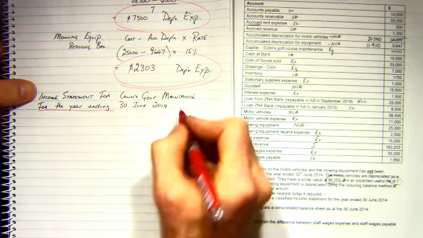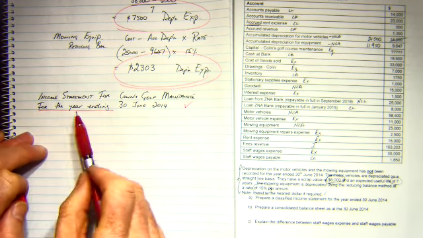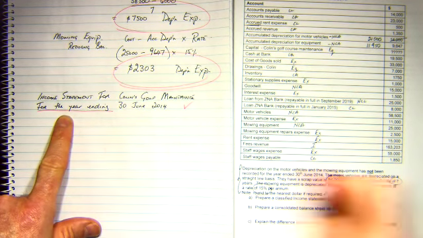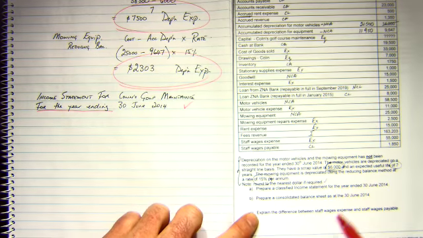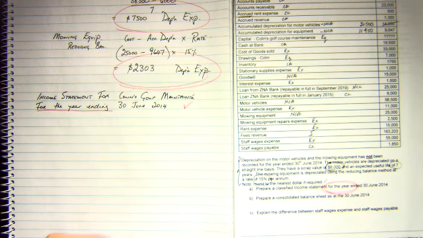Now, believe it, this bit here is worth 1 mark. You need to tell me for the year ending. If you forget which way it works, is it year ending or as at, just go down and have a look here. It says for the year ended. So we tell you exactly what you need to put in the title. Don't shortchange yourself on marks.